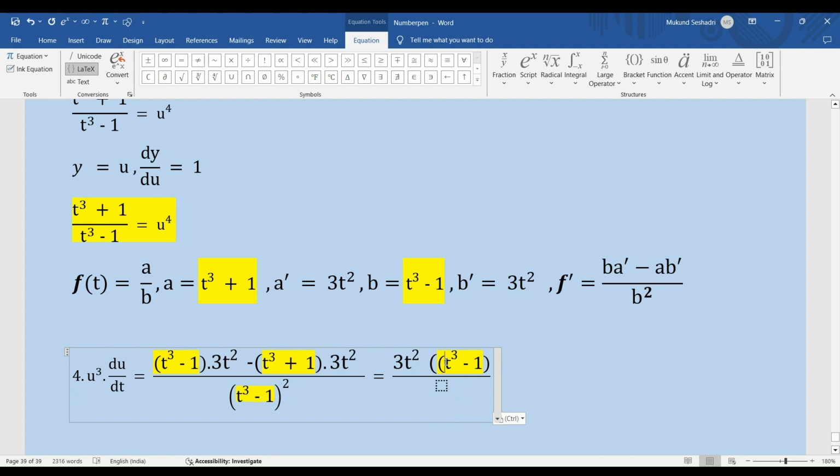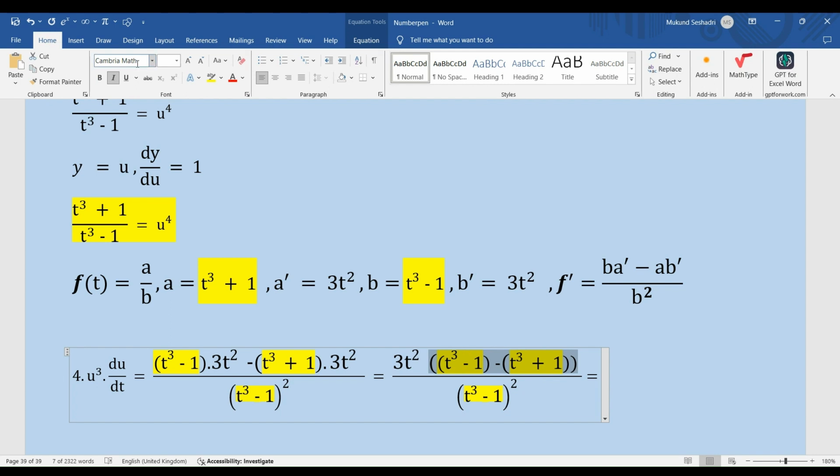I have a t cube minus 1 minus of t cube plus 1, right? And remember, folks, I still have my denominator, which is t cube minus 1 the whole square. Looks like I have an opportunity to cancel out my t cube, and I'm left with minus 2 in this part.